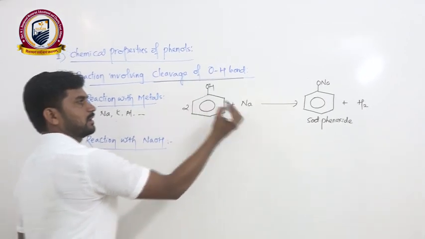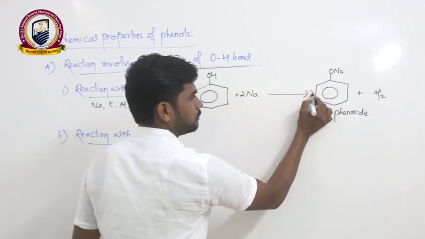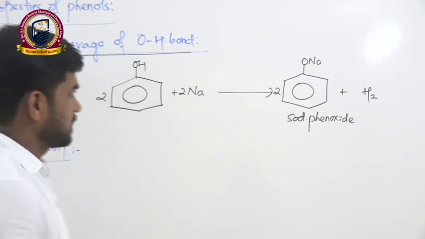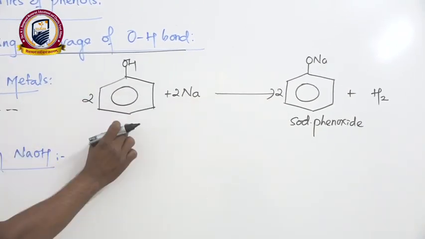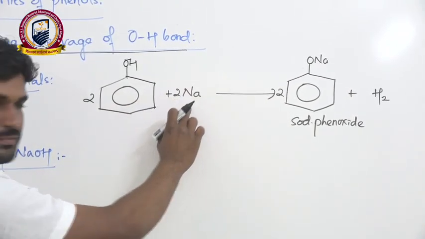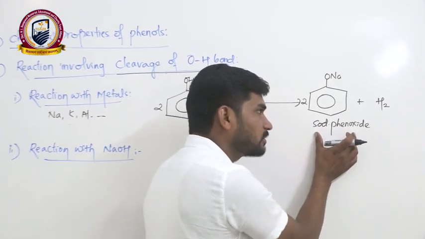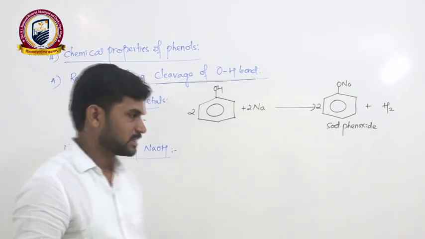We have to take 2 moles and write 2, and there is a formation of hydrogen gas. So this is phenol which reacts with an active metal, forming sodium phenoxide with the liberation of hydrogen gas.